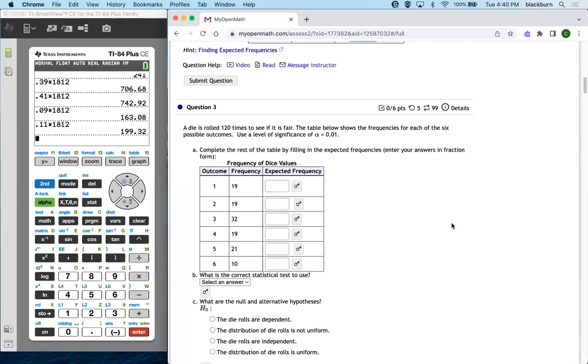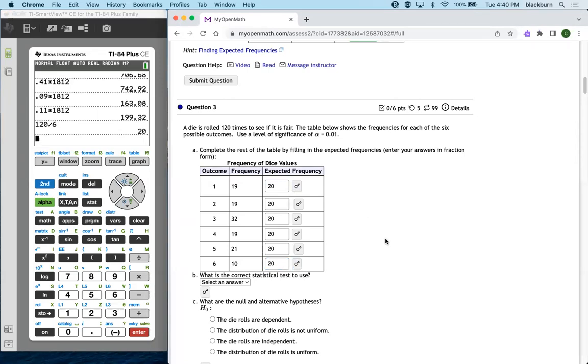We're not going to need fractions. So we roll 120 times, and we're saying there's probably an equal probability of each roll of the die. So we're going to divide by 6. If we roll 120 times, we're going to expect to see each number 20 times. So 20 for 1s, 2s, 3s, 4s, 5s, and 6s.